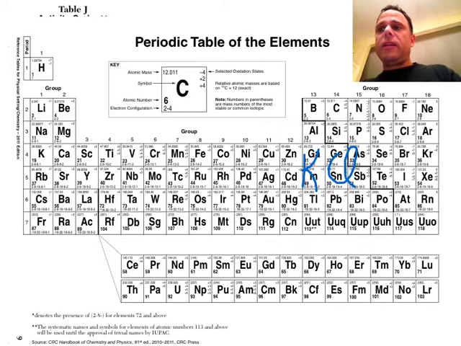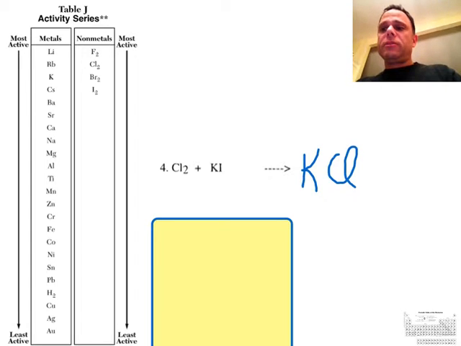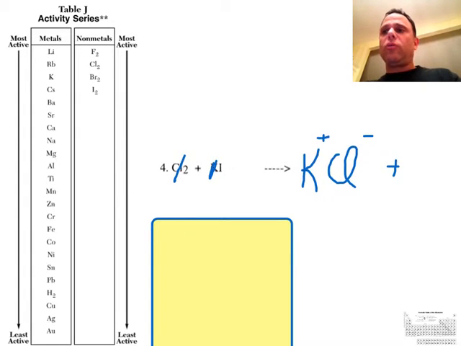Chlorine is here with a -1. So the answer is absolutely yes, because potassium would become a +1 while chlorine a -1. It has to combine in a 1-to-1 ratio. And what will be left over? The potassium is now with 1 chlorine. So now we have some free iodine.